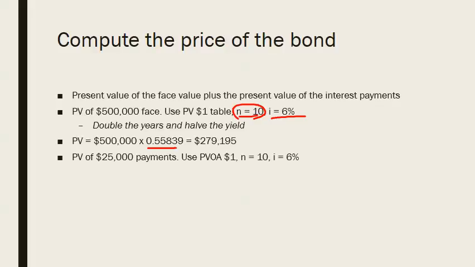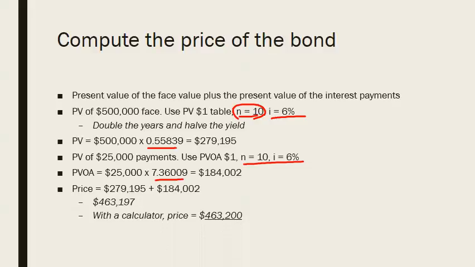We use the same process, except we go to table 4, present value of an annuity. From table 4, you look up the factor, same thing, n equals 10, i equals 6, and you'll find a factor of 7.36009. Multiply it through by the 25,000, and you get your present value.